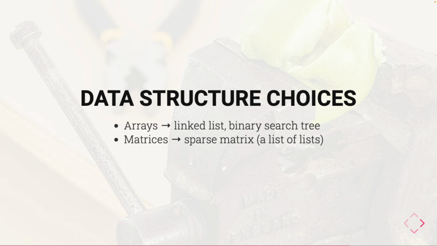So maybe instead of an array with a constant size, you could use a linked list or a binary search tree. And for matrices, the most obvious implementation would be to store every element of the matrix. But in lots of practical applications, matrices have a lot of 0 elements, and it's much smarter to only store a list of the non-zero elements and where they're located.